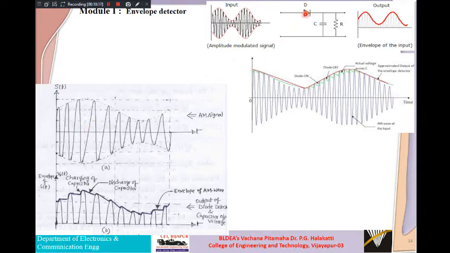In that case, again in the next positive peak your diode will become forward biased and start charging the capacitance. What this is telling is that during one positive peak, half of the positive peak, 0 to peak, will take care that the capacitor is charged so fast, but the discharging time is very long, because it happens very slowly, as it covers one full negative peak and one half of the positive peak.